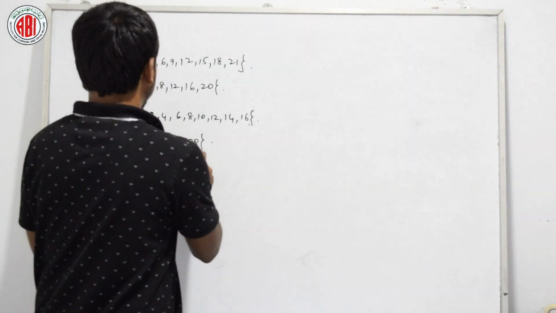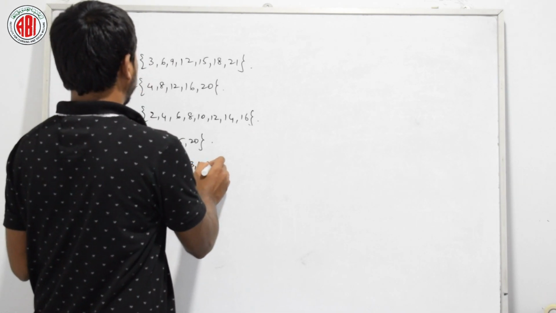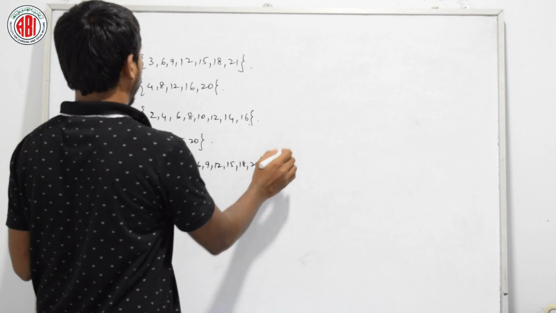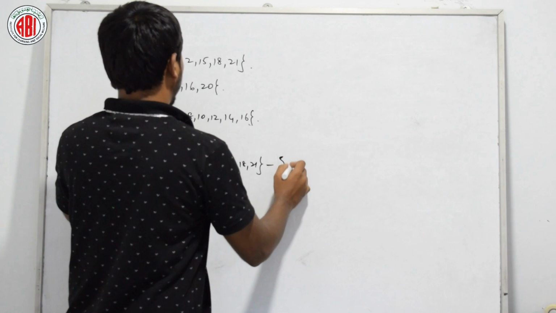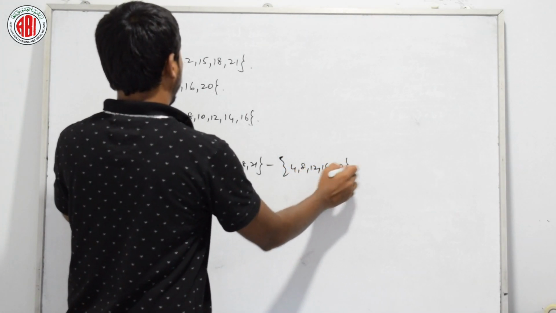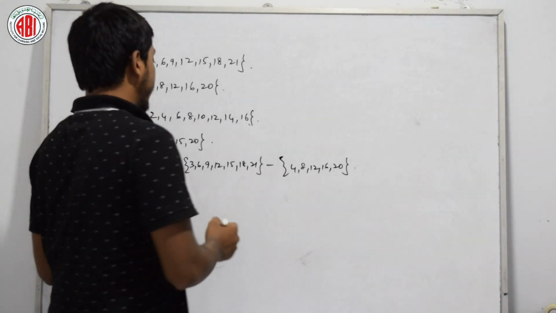What is A minus B? Let us write set A as 3, 6, 9, 12, 15, 18 and 21, minus B, which is 4, 8, 12, 16 and 20. What we have to do here is cancel the common numbers.